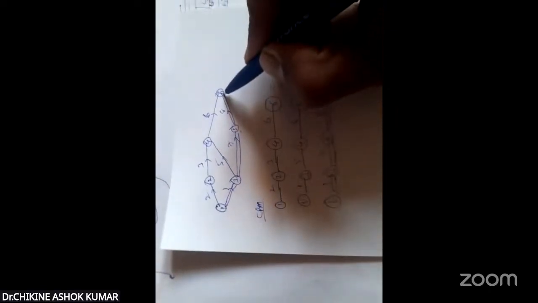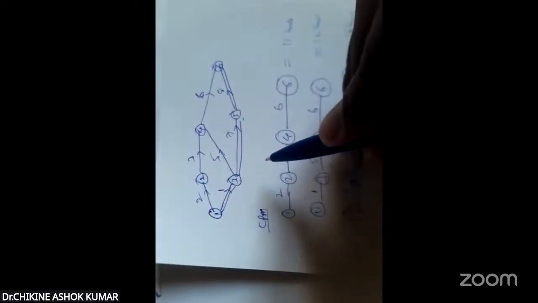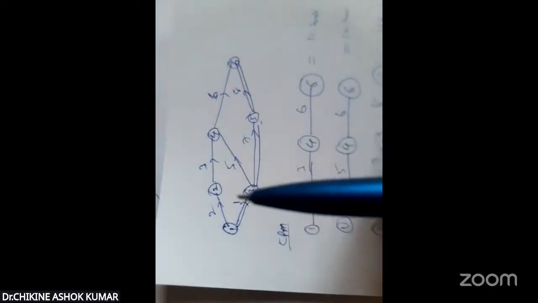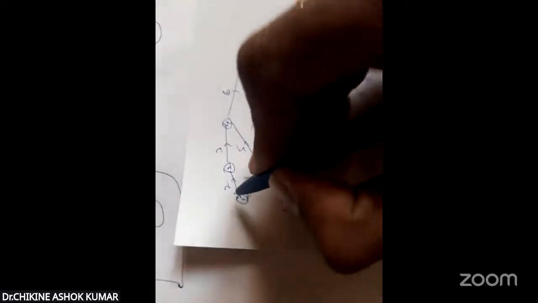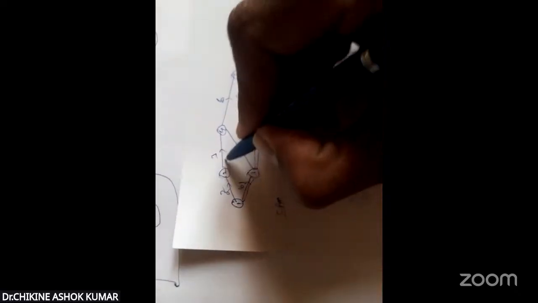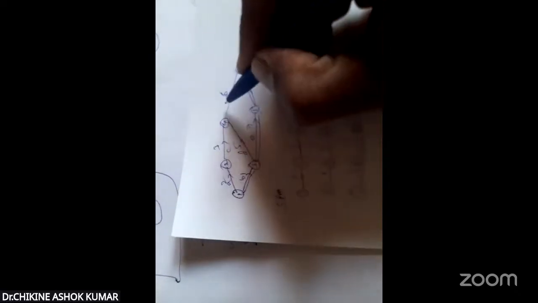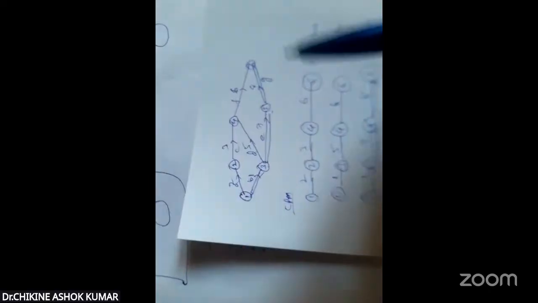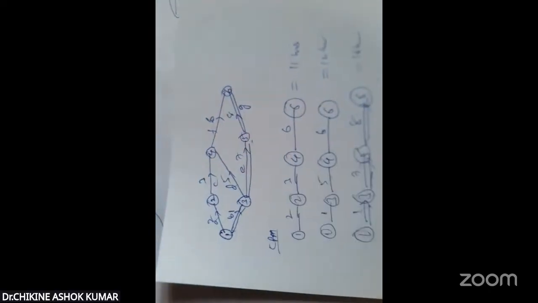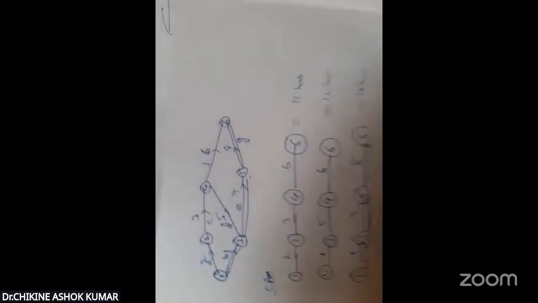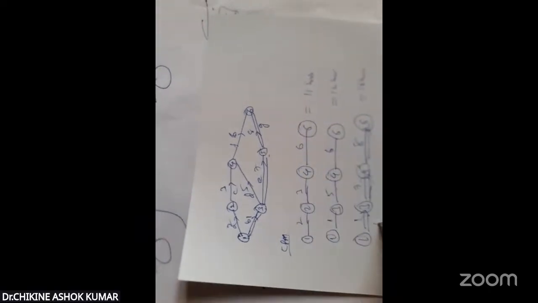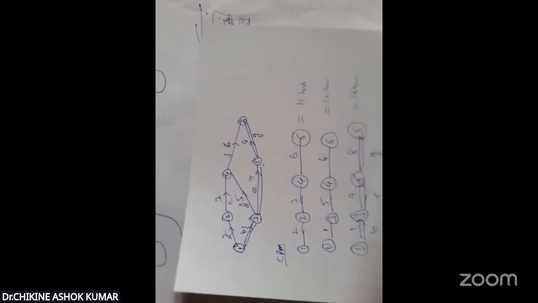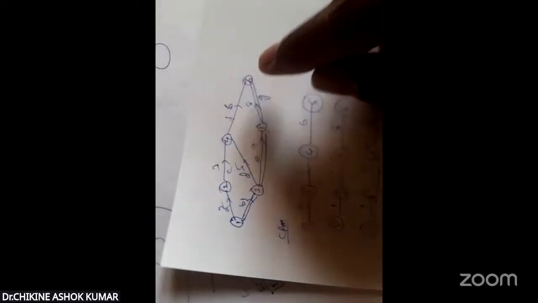In this critical path, whatever activities are included, those activities are called critical activities. So here, if you give the activities names, this is A, B, C, D, E, F, G. So in this, totally 7 activities are there. Among these, only B, E, G are included in this critical path.